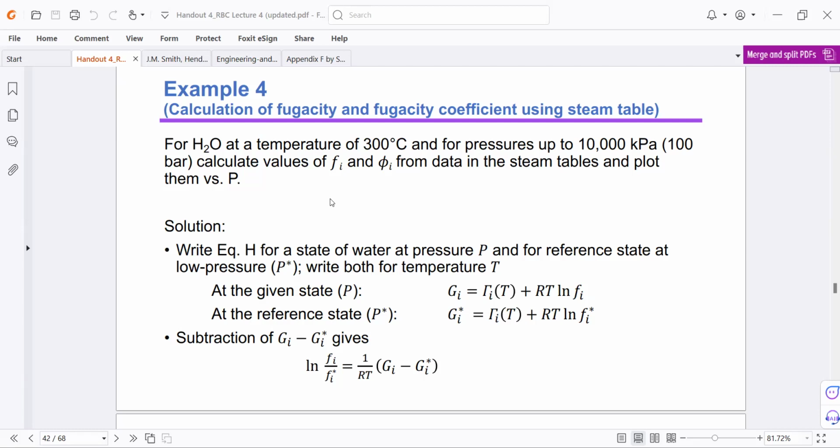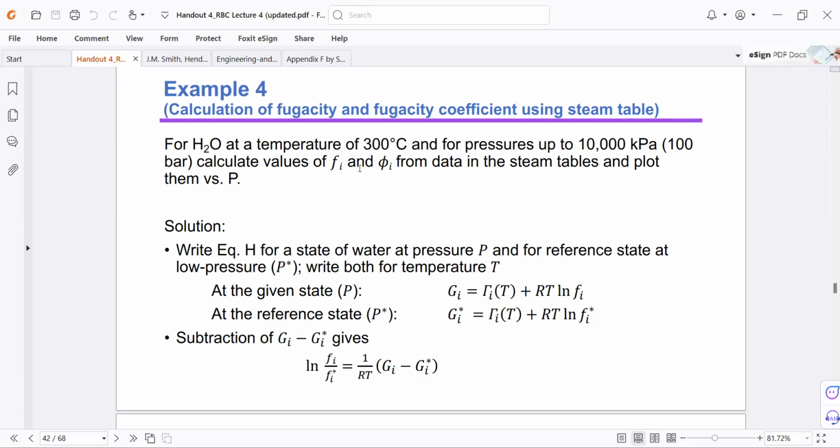It's also related to chemical potential, which is an important property in thermodynamics that determines the spontaneity and direction of chemical reactions and phase transitions. So in terms of phase equilibria, fugacity is important in processes like distillation, extraction, and other chemical engineering processes.